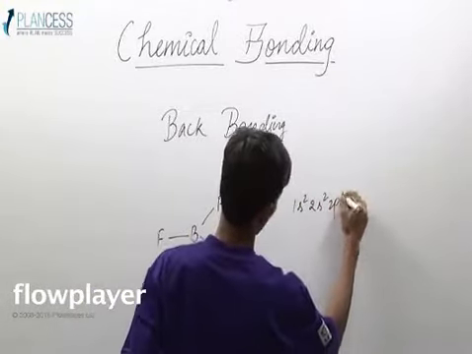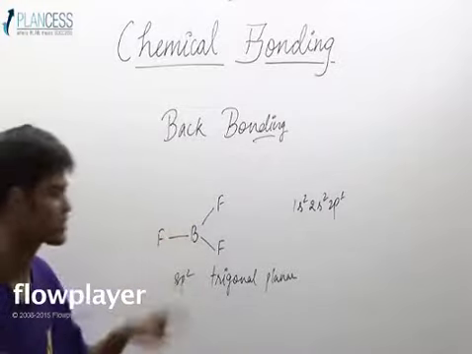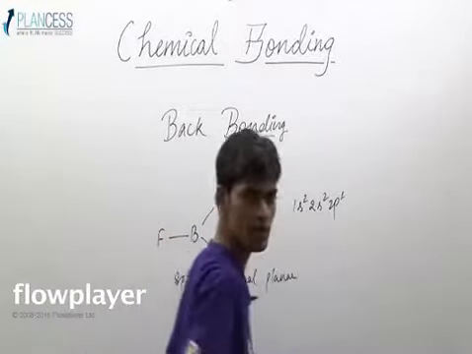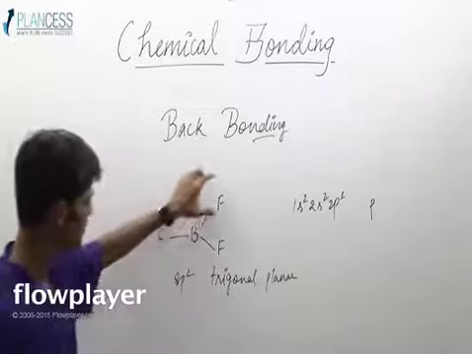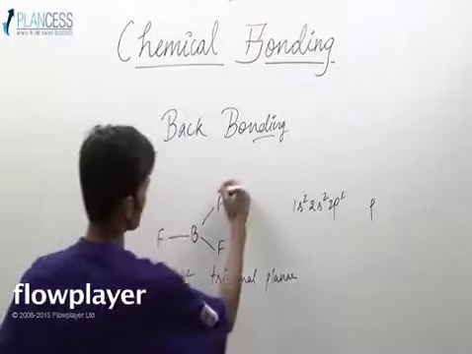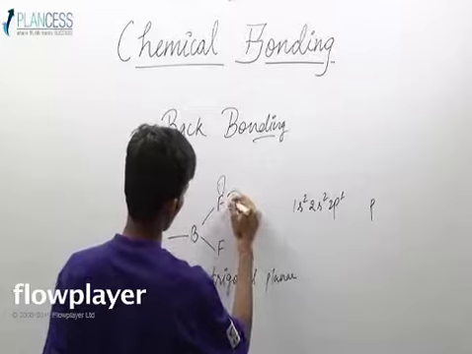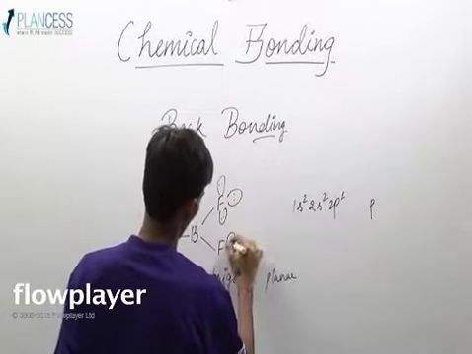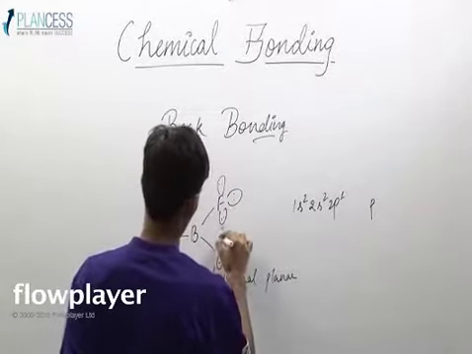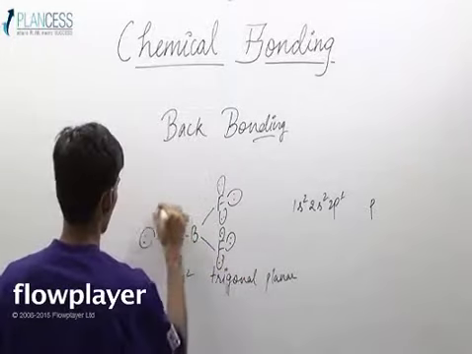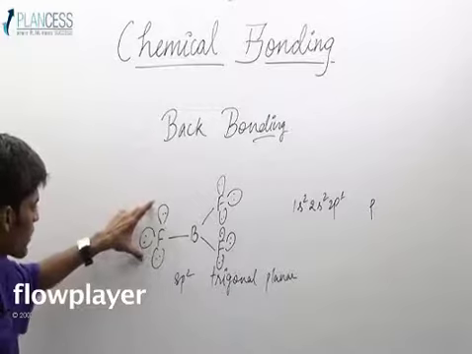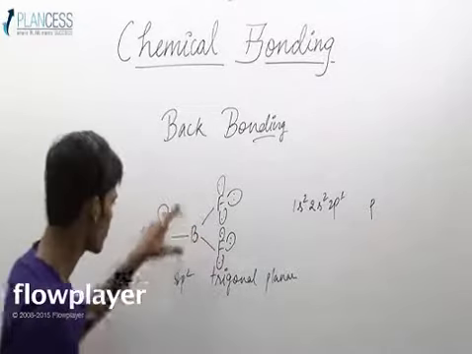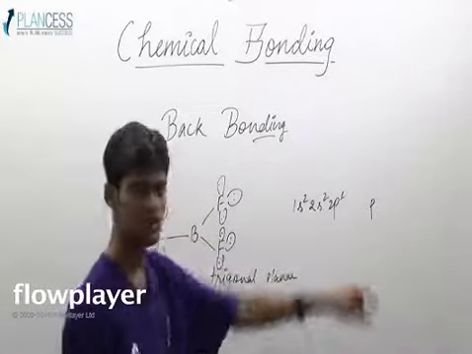So after accepting one electron from each fluorine atom, it again has a vacant p orbital, so it can accept electrons from fluorine, which has 3 lone pairs on it, that is unbonded electrons. So this would be the structure of BF3. It has three unbonded pairs of electrons on each fluorine atom, and boron has one vacant p orbital.